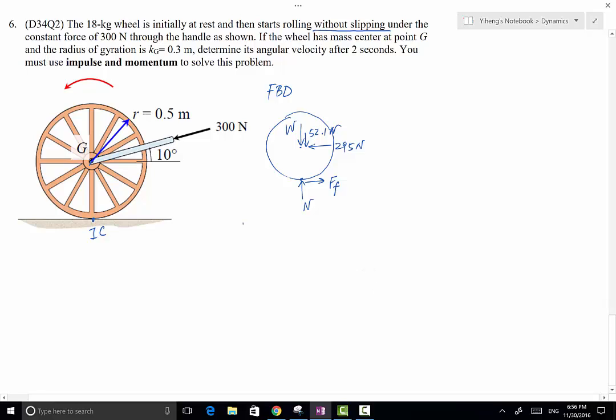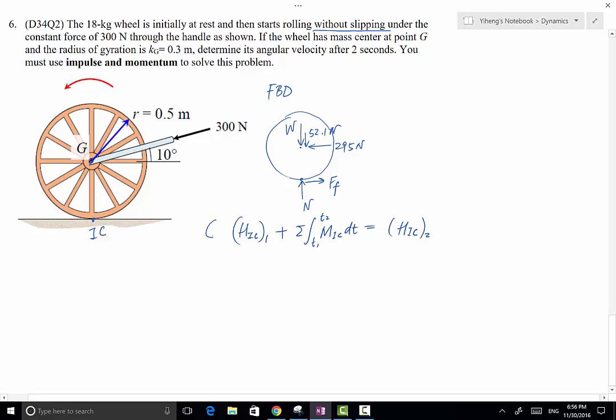So we're going to write the equation: angular momentum about point IC at the initial state plus the total moment about point IC integrated from t1 to t2 equals the angular momentum about IC in the final state.